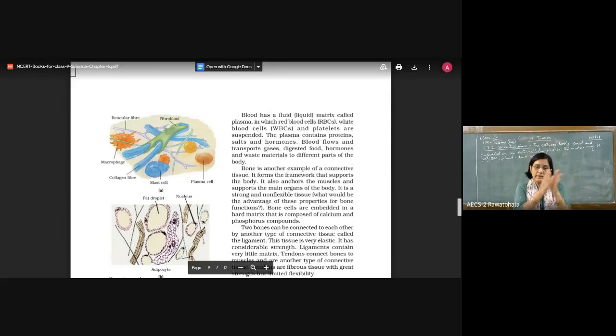And if you compare that number, 4 to 5 million RBC, with WBC, 4 to 5,000 only. So let's see the figure, the difference in the number. Number does matter. Therefore the blood appears red in color.